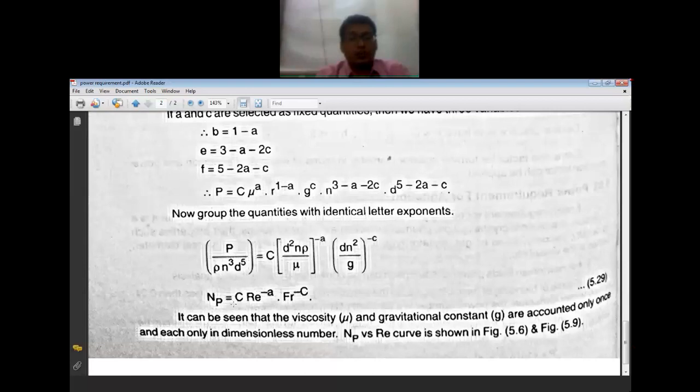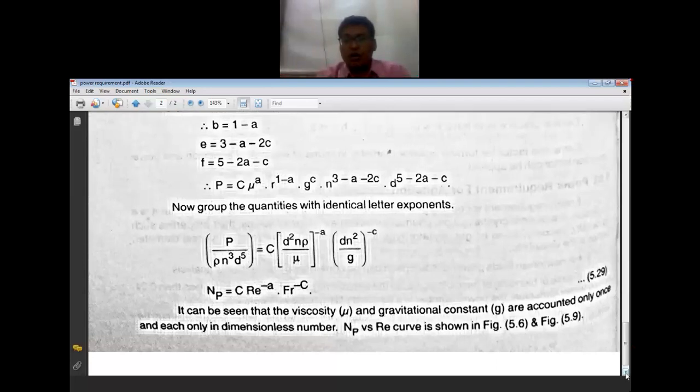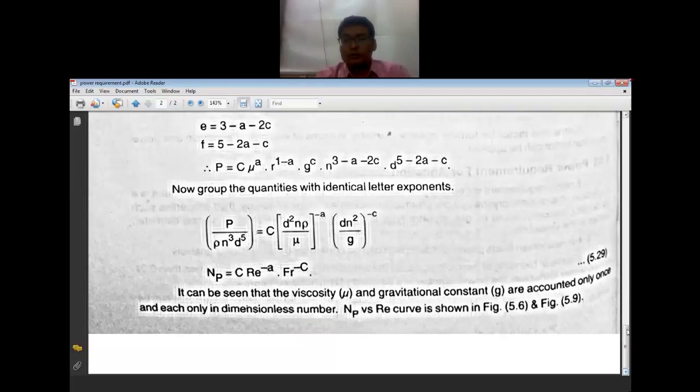Np is equal to a constant, Reynolds number raised to minus a, Froude number raised to minus c. So it can be seen that the viscosity mu and the gravitational constant g are accounted only once and each only in the dimensionless number.